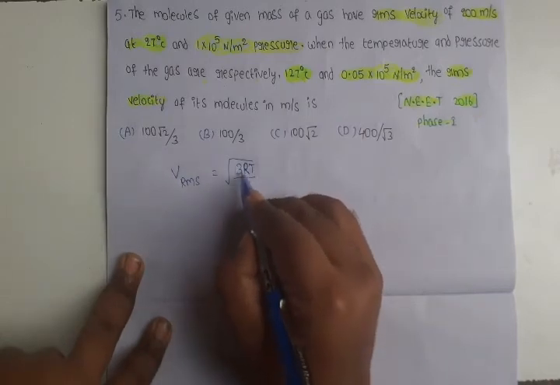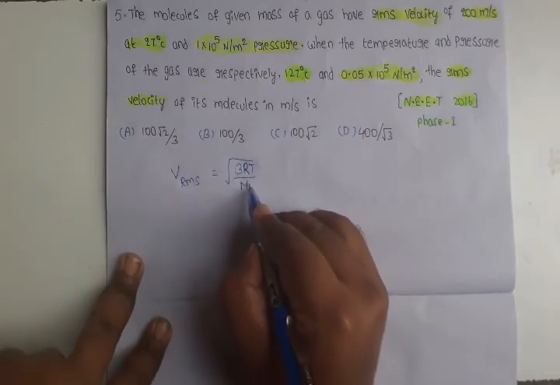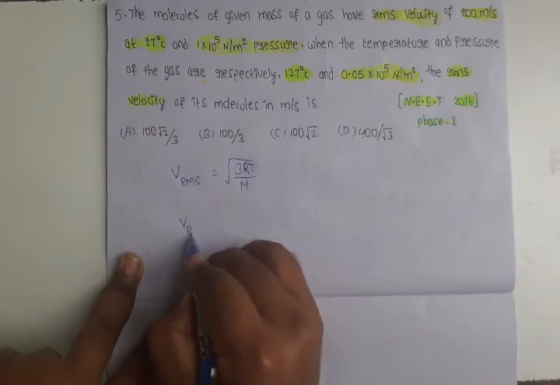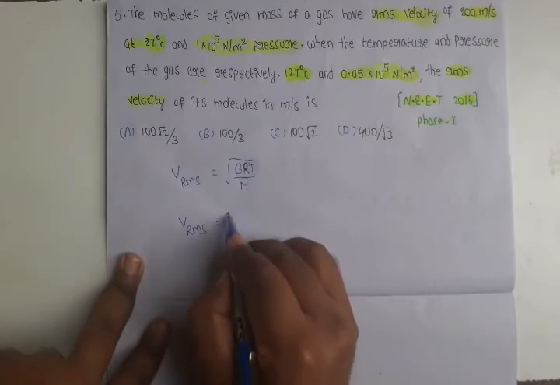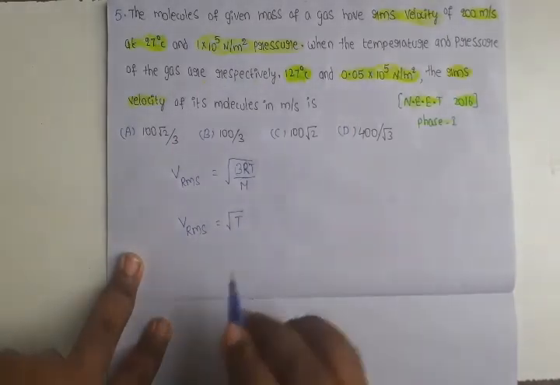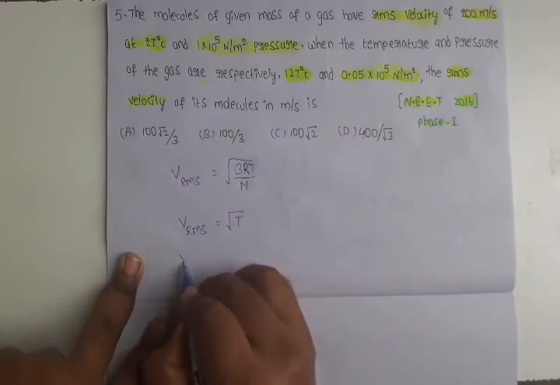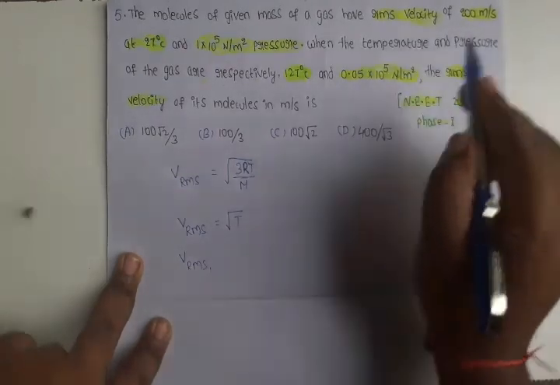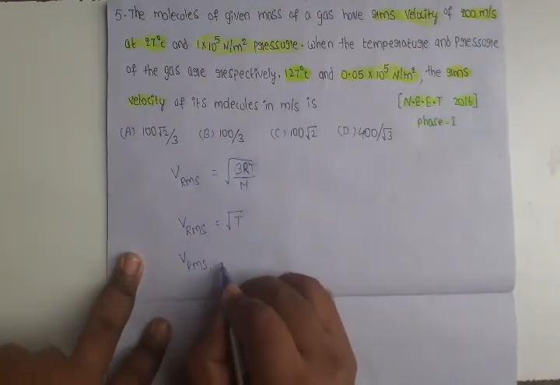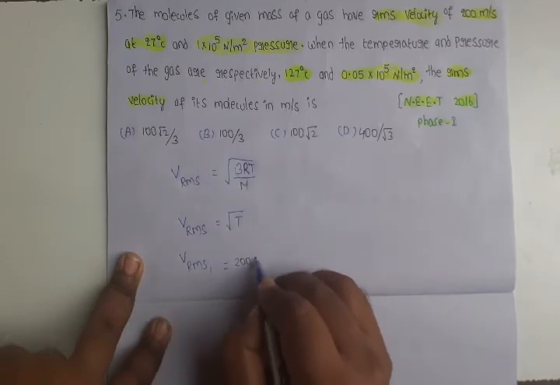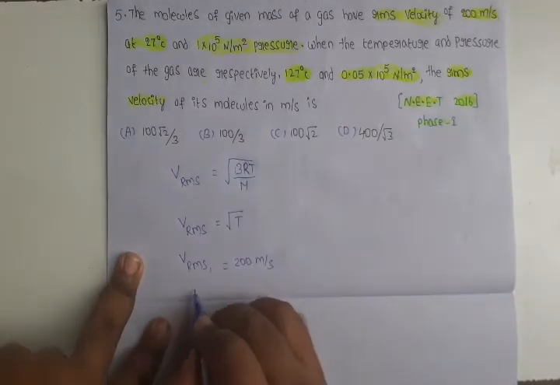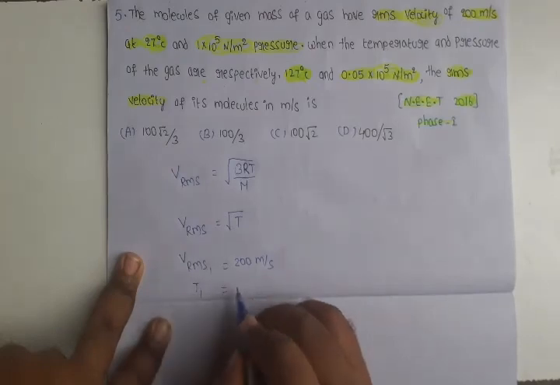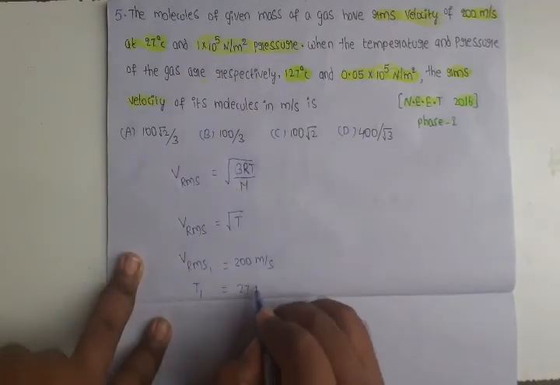Here 3R is constant and the gas does not change, so the m value is also constant. What changes here? VRMS is proportional to square root of T. First of all, the first given RMS value is 200 meter per second, so VRMS1 equal to 200 meter per second and temperature T1 is 27 degree centigrade.